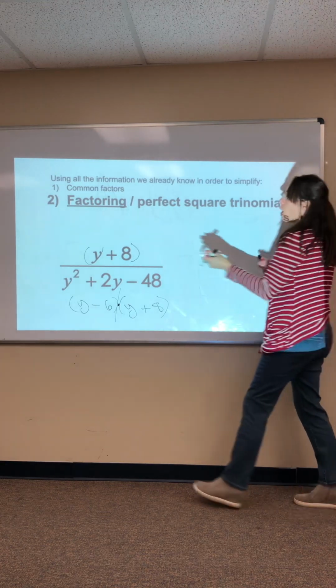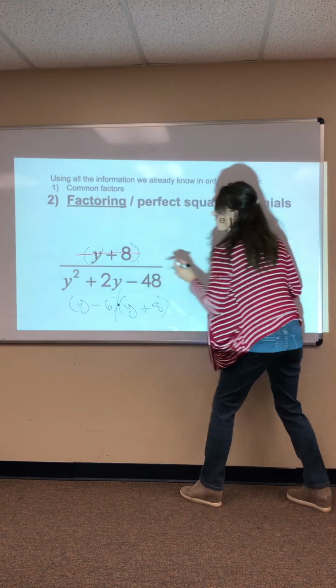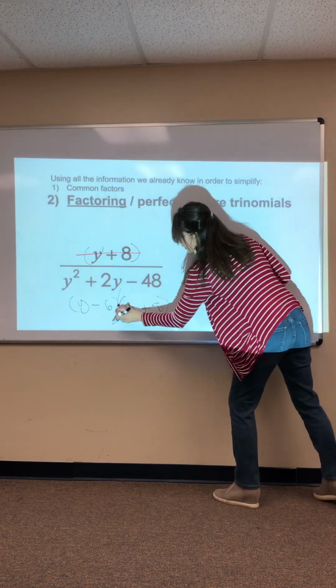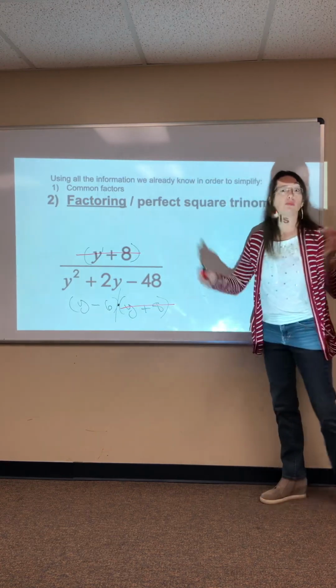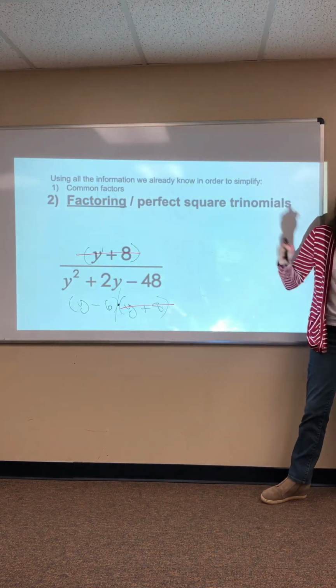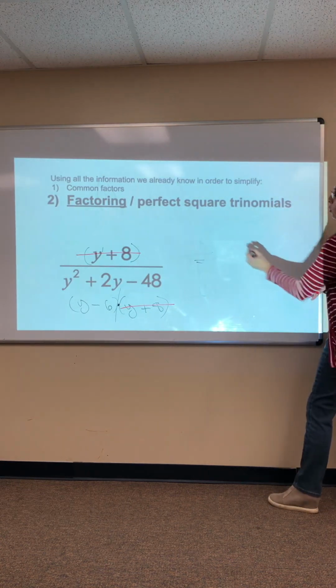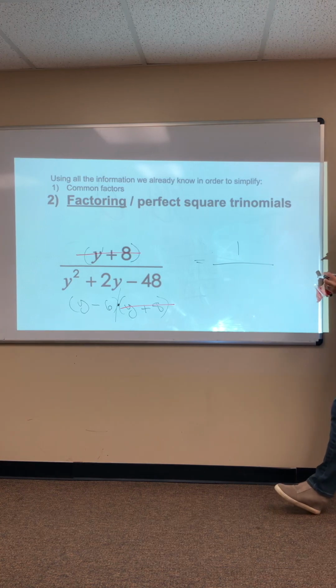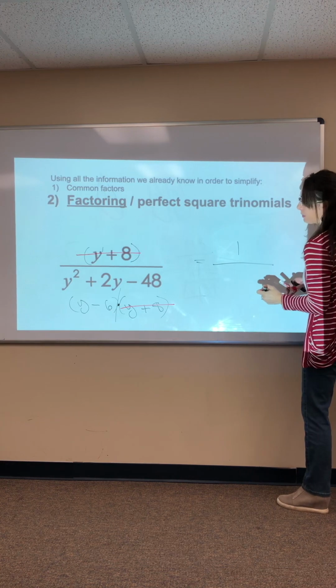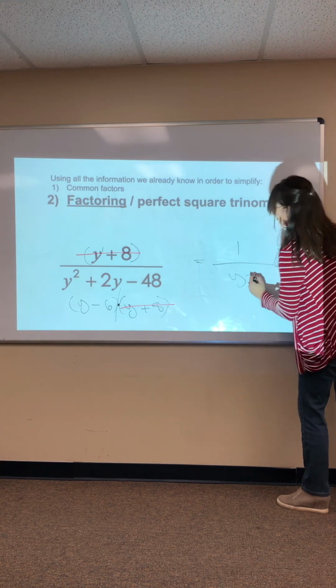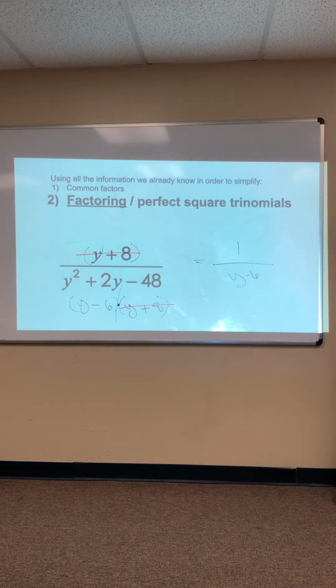Okay. So our entire y plus 8 matches our entire y plus 8 on the bottom, so they can be removed, and we are left with what on the top? 1. Well done. And what is left on the bottom? Y minus 6. Okay.